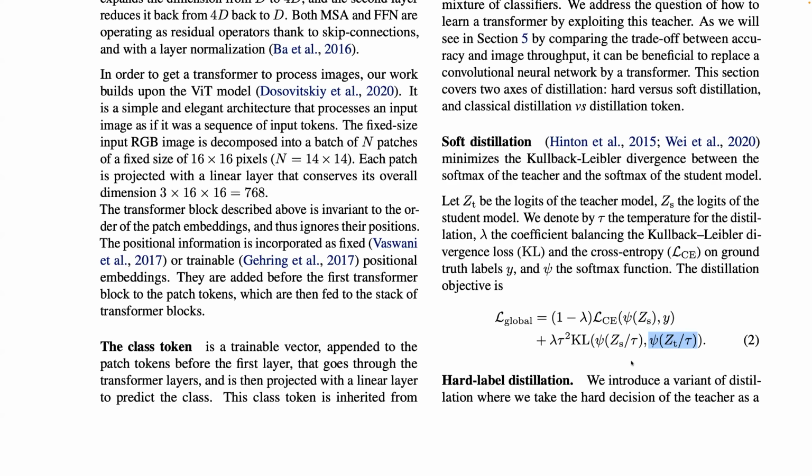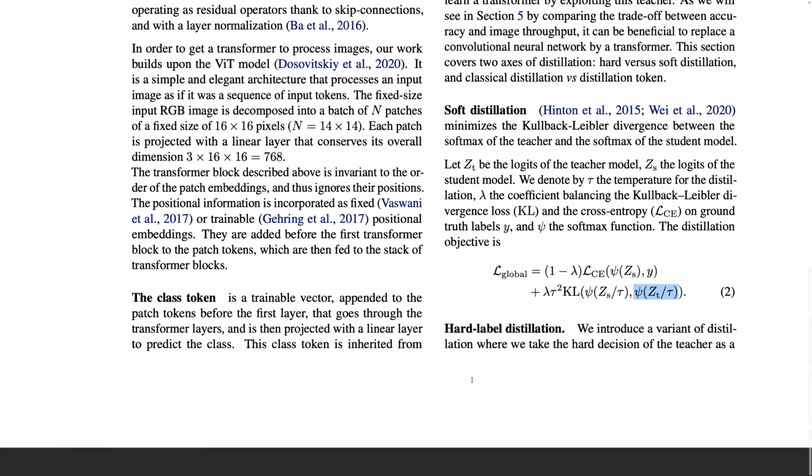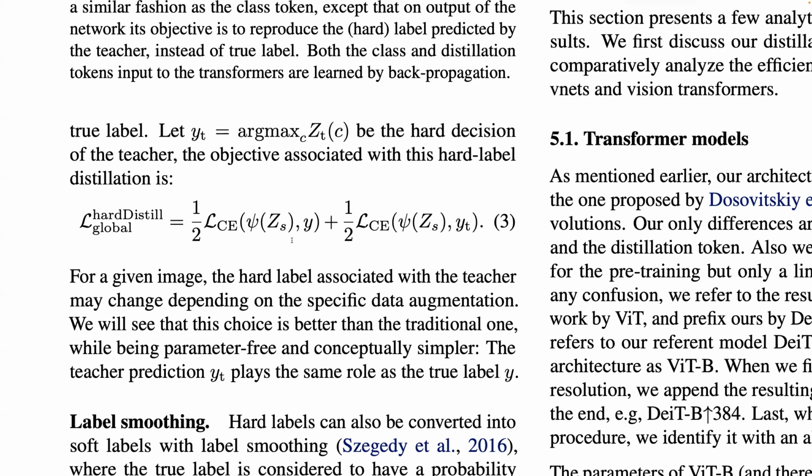So this is a soft distillation. But the authors discuss this hard label distillation, meaning that we want to look at the prediction of the teacher as if that's a label. And in that case, we go to the hard distillation, where we want to not only predict the ground truth, we also want to predict the best guess of the teacher, not the distribution of the guesses.